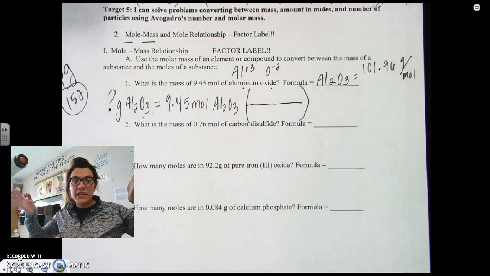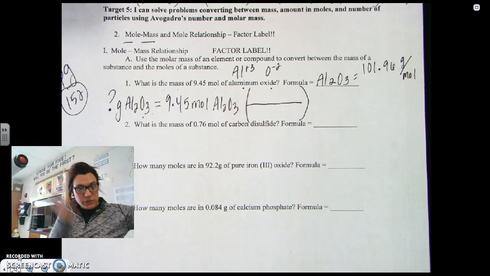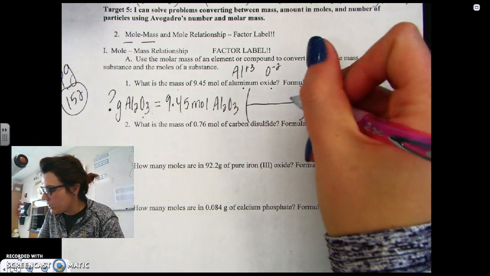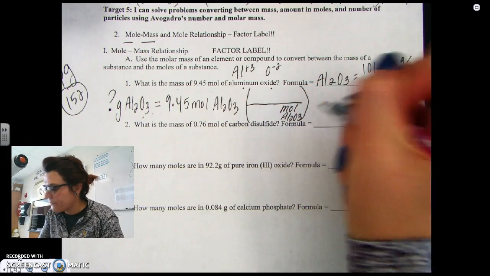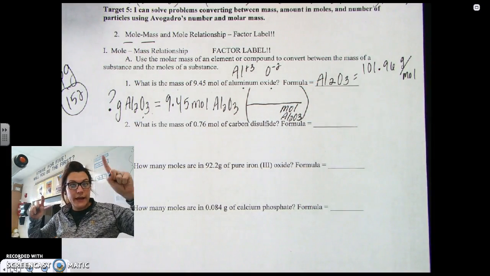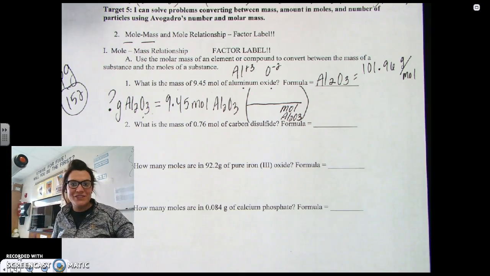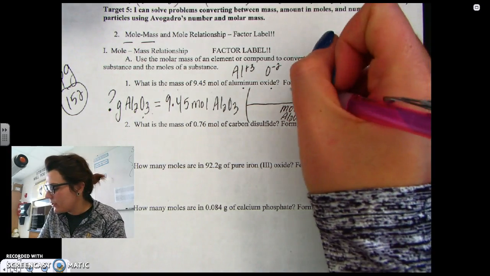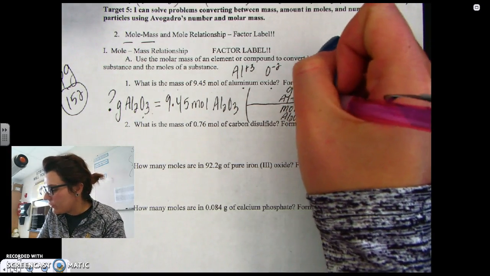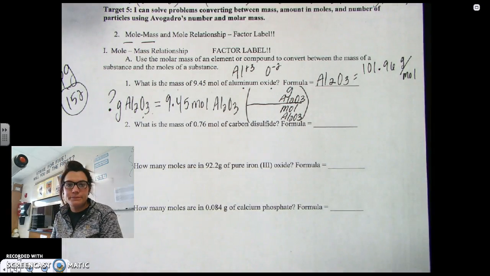So what unit am I canceling? I'm canceling moles, so it's going to go on the bottom of the conversion. So moles of aluminum oxide goes in the bottom. What do I want? Grams. Do I have a direct relationship? Yes. Why? Because of this awesome thing, the periodic table. So I can put grams of aluminum oxide in the top.